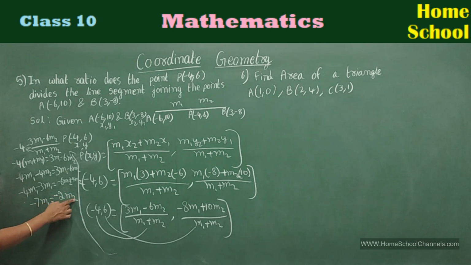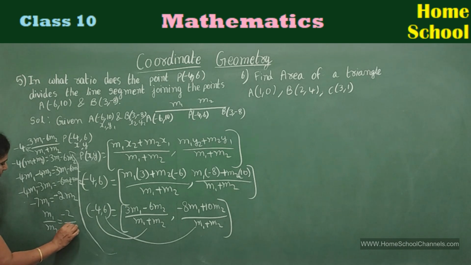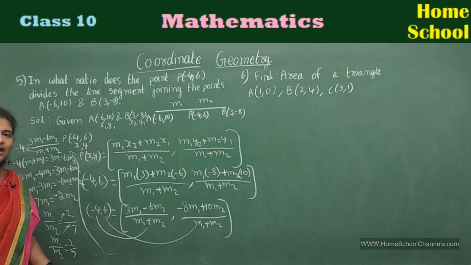Now this m2 bring this side and this number bring this side. m1 by m2 is equal to -2 by -7. Minus minus cancel. Therefore m1 is to m2 is equal to 2 is to 7.